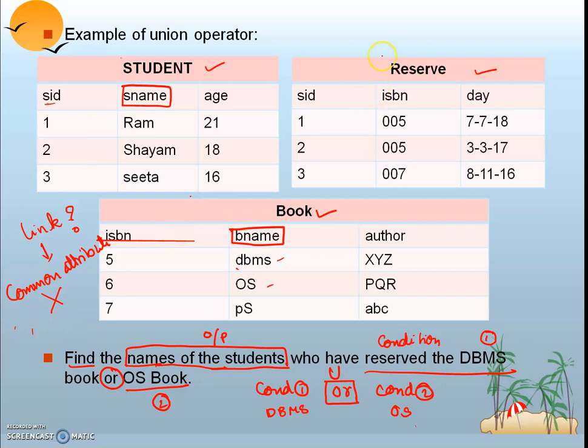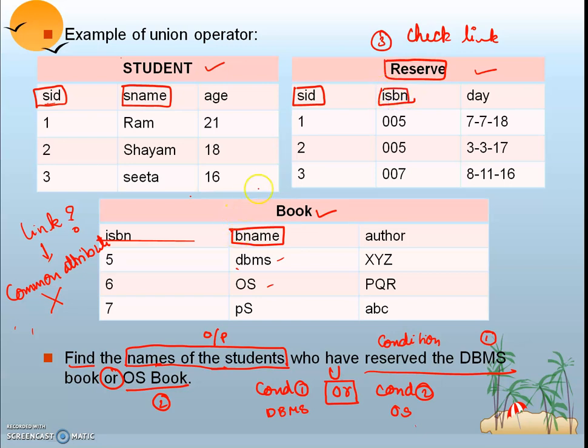So what should I do? Now I have to go for the table number 3 and check for any linking conditions existing, because you can't combine both the tables without any common attribute between them. Now if you check the reserve table, this reserve table has SID, which is available in the student table, and ISBN, which is available in the book table.